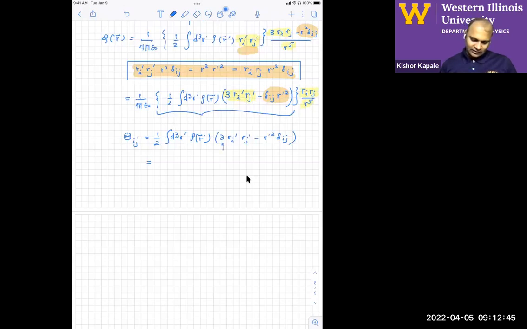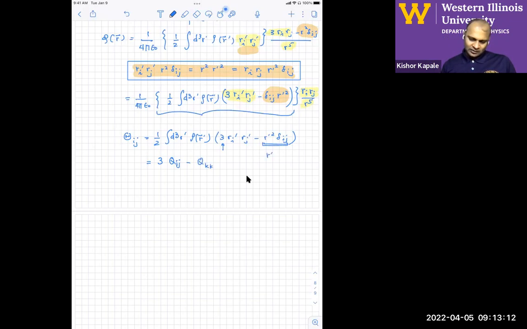Because of this 3 here, the 3 is just a constant, it will come outside of the integral sign. So you basically have 3 Qij. So the Θij component of Θ is 3 times the Qij component minus, because you have the specific values picked out here, that also is similar to Qij, but it's now Qkk.